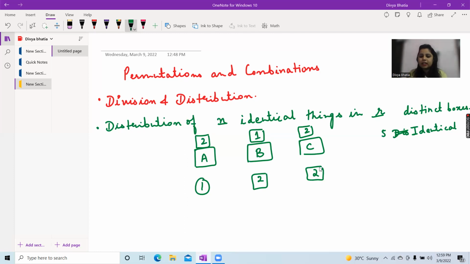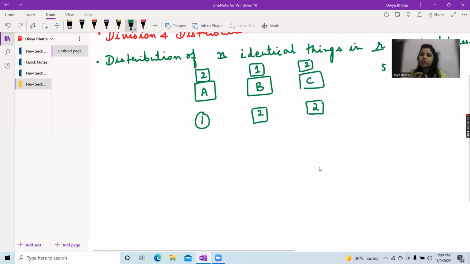Now let us try to find the number of ways of putting n identical things in r distinct boxes. That means we are generalizing the case. So we'll find the number of ways in terms of n and r. Suppose I have n identical things and r distinct boxes.